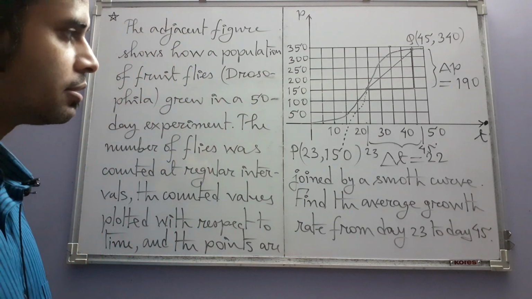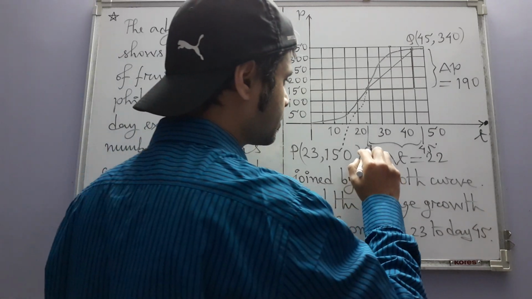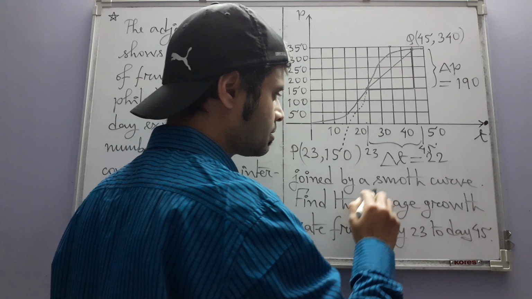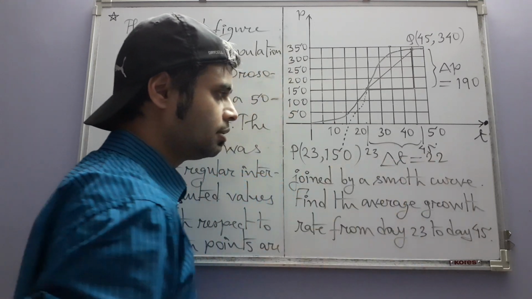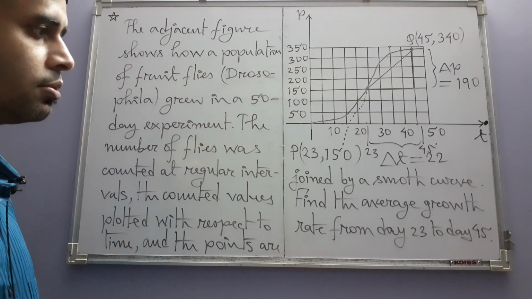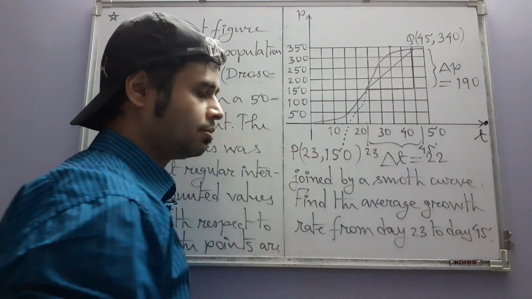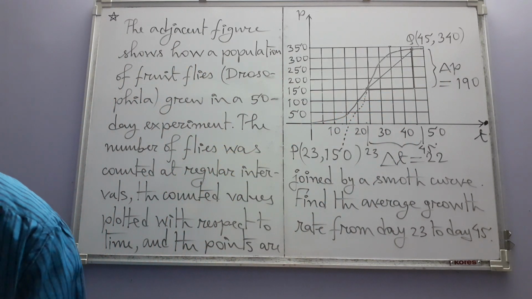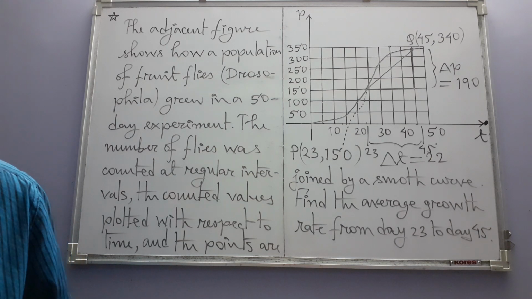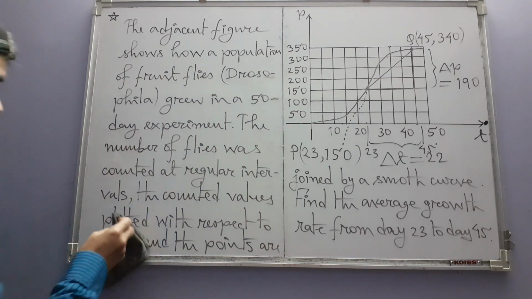The difference is 190, and the difference in the days is 45 minus 23, which is 22. So the average rate will be what? Delta P divided by delta T, and that average rate turns out to be approximately this.